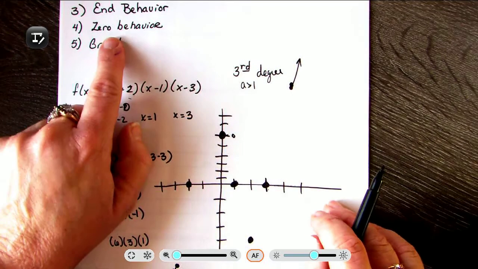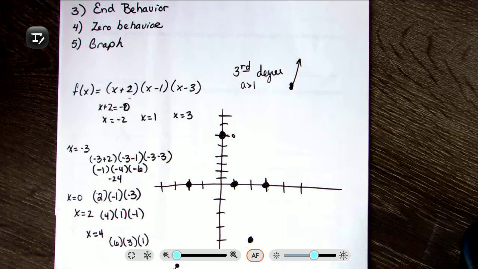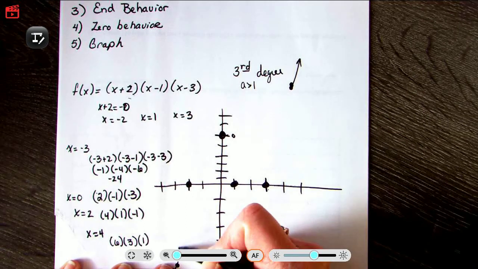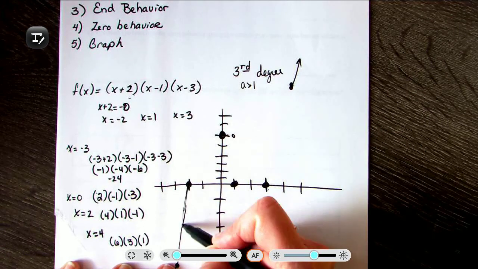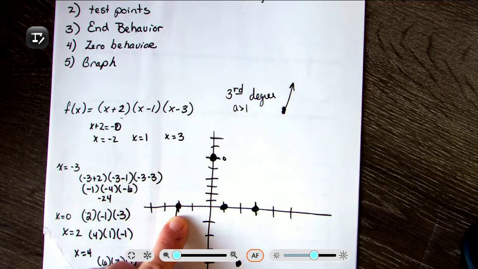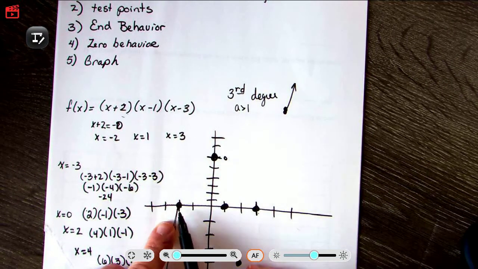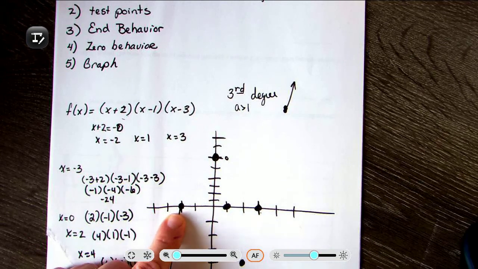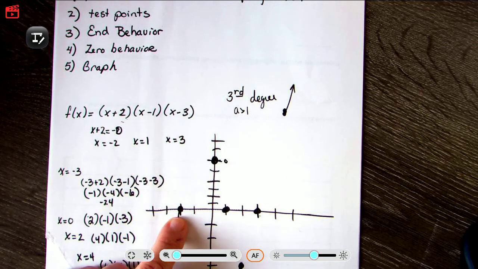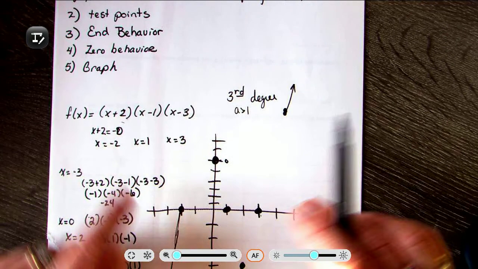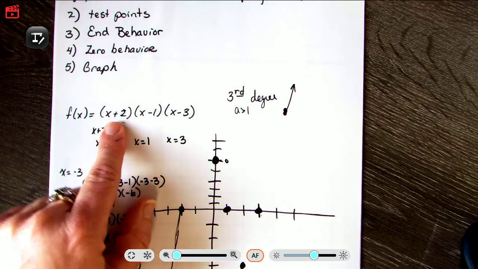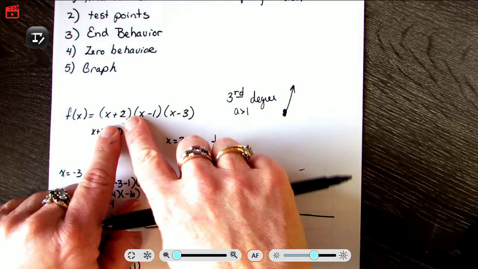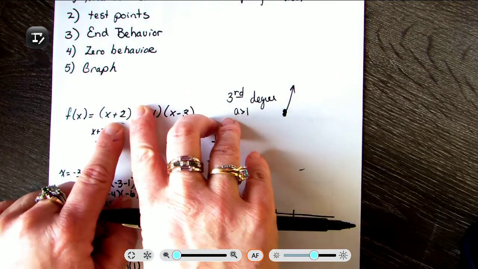The way I talk about the zero behavior, so I know it's got to come up here, and it's got to get to the 0. It's going to come pretty fast. Now, what I mean by zero behavior is, how does it cross through, or does it cross through that 0? So I'm going to look at the factor that it came from. So -2 came from this piece, and we only have one factor.